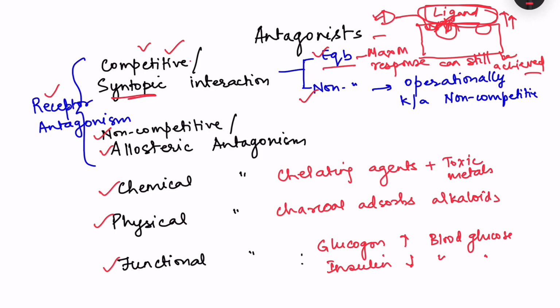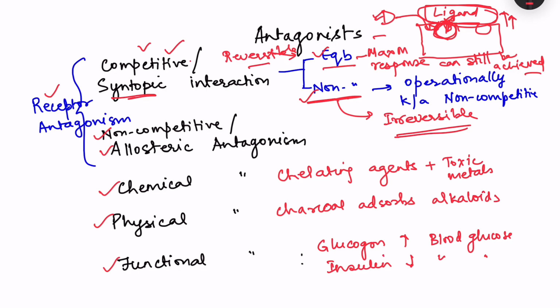Then we have the non-equilibrium type. Non-equilibrium type is when there is irreversible binding of the drug with this site. In equilibrium type, the drug binds reversibly, that means it attaches and detaches. Irreversible binding means there is a strong binding between the drug and the receptor site.